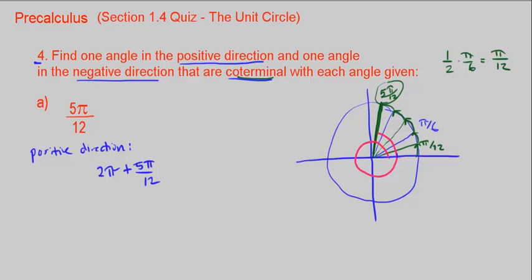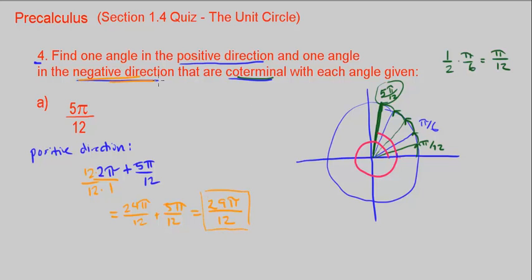The common denominator is 12. 2 pi is currently over 1, so we multiply by 12 over 12, giving 24 pi over 12 plus 5 pi over 12. Adding those together, 24 pi plus 5 pi is 29 pi over 12. So that is our positive direction angle.